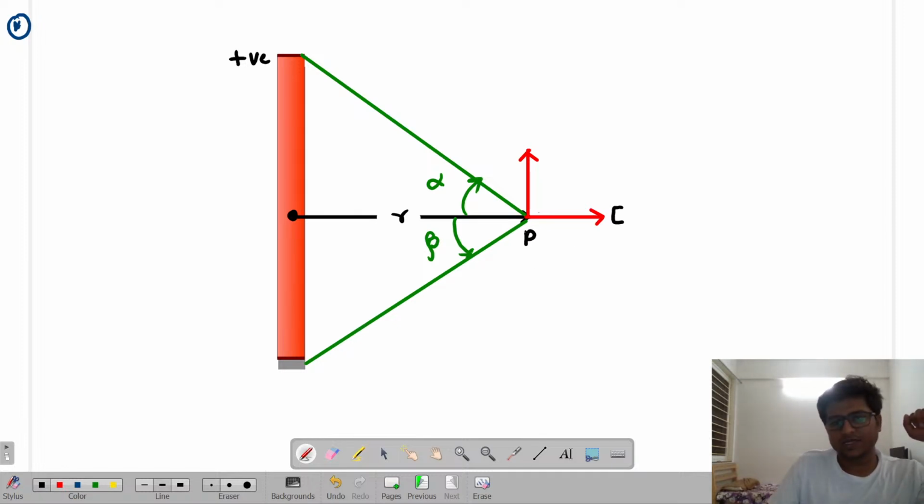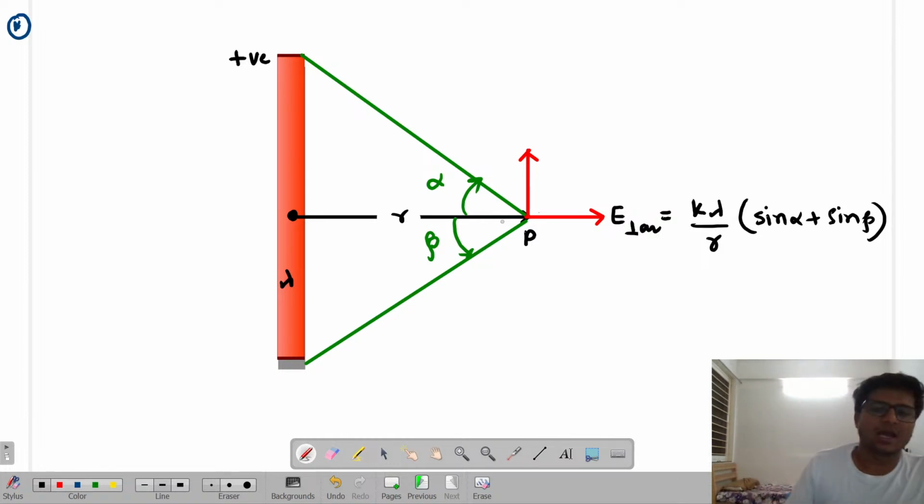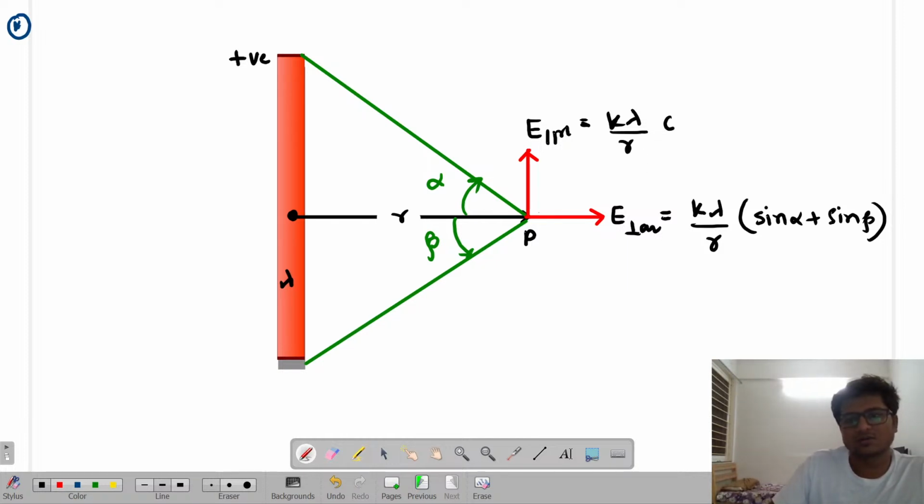So this is my parallel, this is my perpendicular. If lambda is given, then it is k lambda by r, sin alpha plus sin beta. So there is no problem in writing the perpendicular component. But when we are writing the parallel component, you have to always see the sign. E parallel is written as k lambda by r, cos beta minus cos alpha.